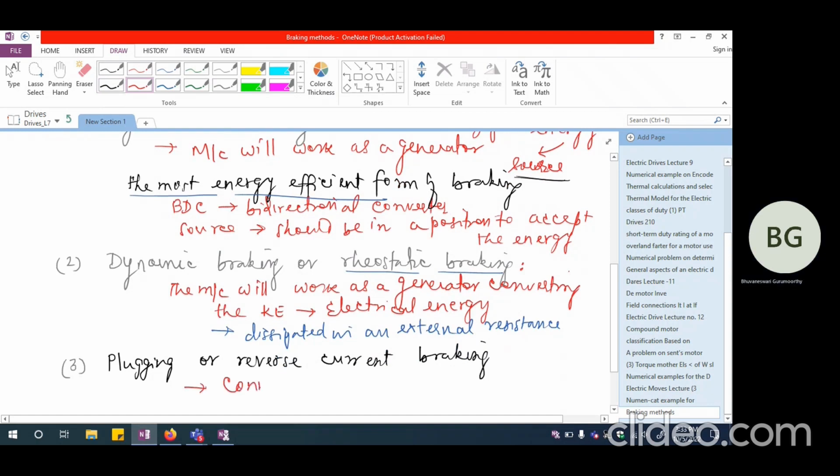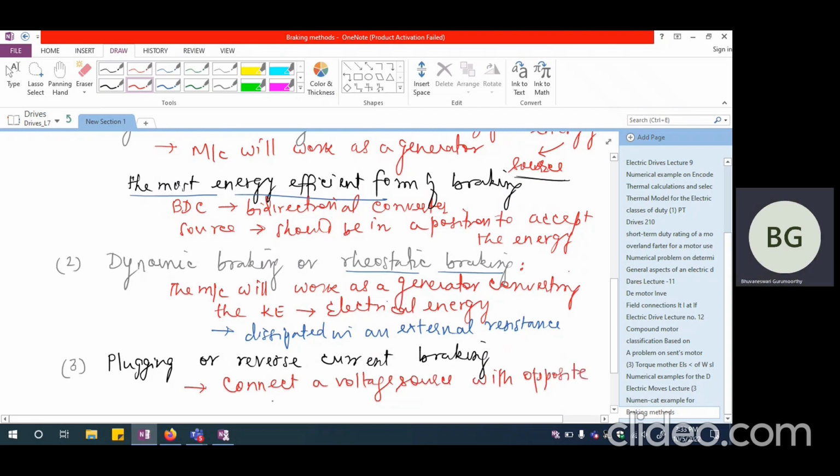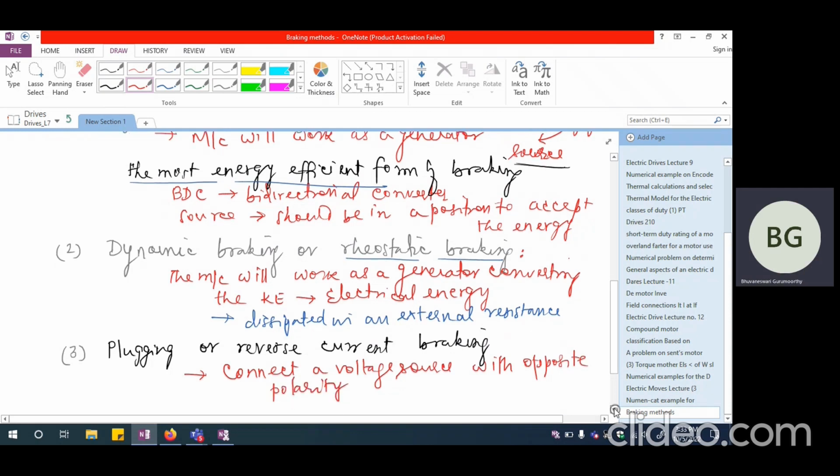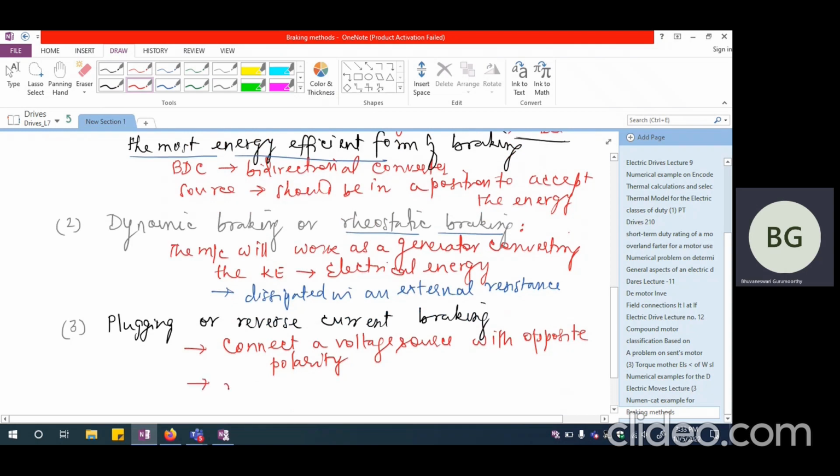So connect a voltage source with opposite polarity compared to the original polarity. A current will flow in the reverse direction, because of which a braking torque will be developed. That is going to stop the motor very, very fast.